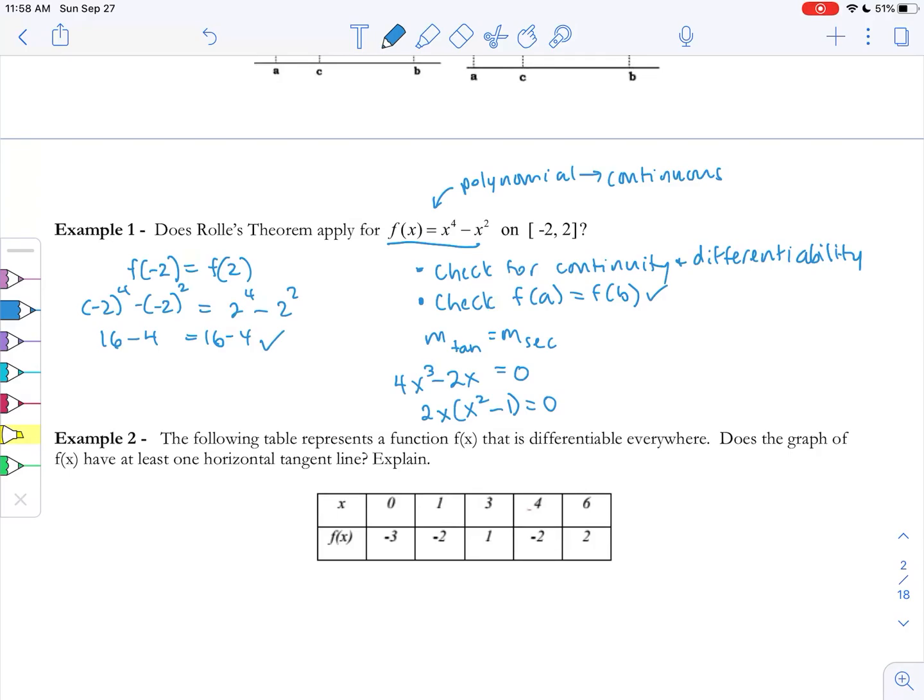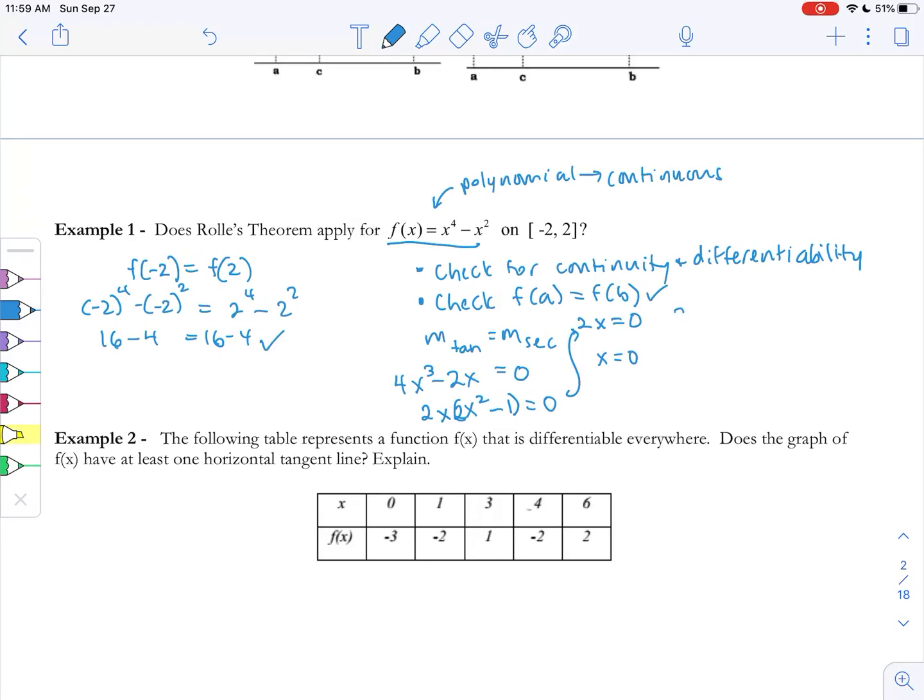When we factor out the 2x, we should have gotten 2x squared. So 4x cubed minus 2x, when we double check our answers. So from here, if we set each one of those terms equal to 0, 2x equals 0, we have x equals 0, which is between -2 and 2.